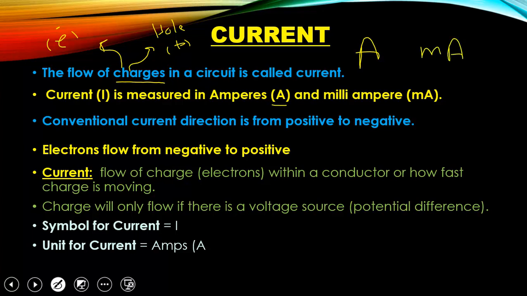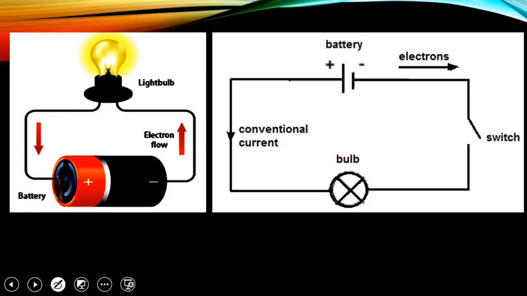Conventional current direction is from positive to negative. There are two directions of electric current. Number one is called conventional current. The second one is called actual current or actual direction. Okay, so let's compare between them.